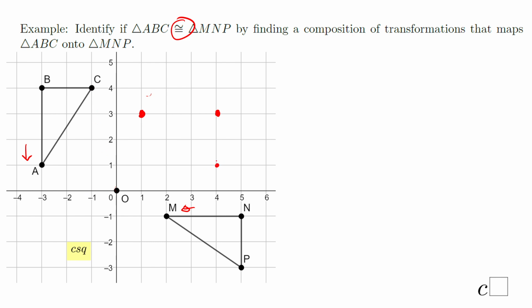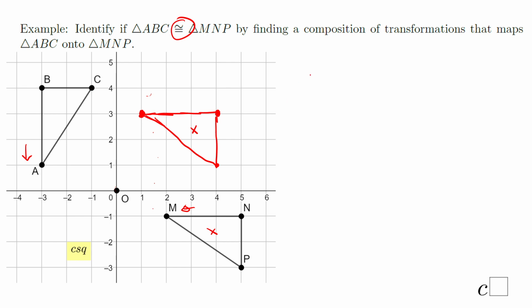Okay, so this is one thing that I can do, it's not the only one. Again, I'm going to rotate triangle ABC and get this position, right? And how do I go from here to here? That's a simple translation. You can notice we can move one right and 1, 2, 3, 4 down.